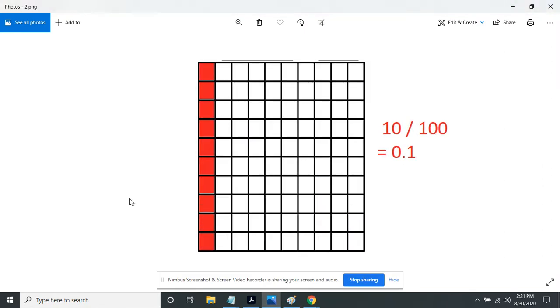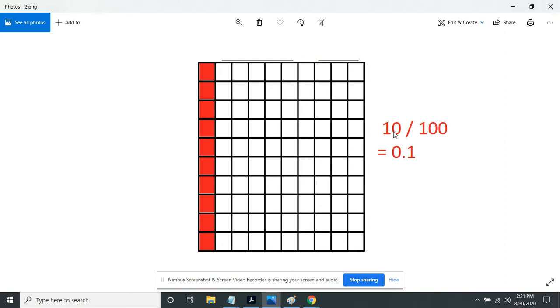So what I did, I took that one block and I divided it into 100 parts. If you count all these little squares, then they're going to add up to 100. And so, as you can see, I took out of these 100 little squares, I shaded in 10 of them.